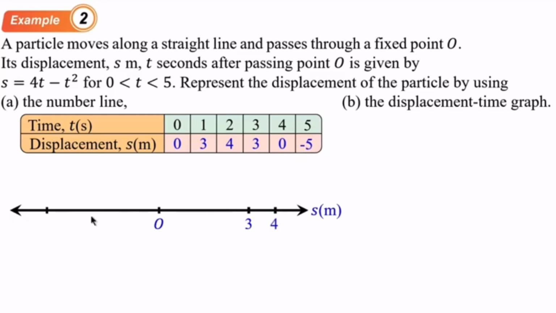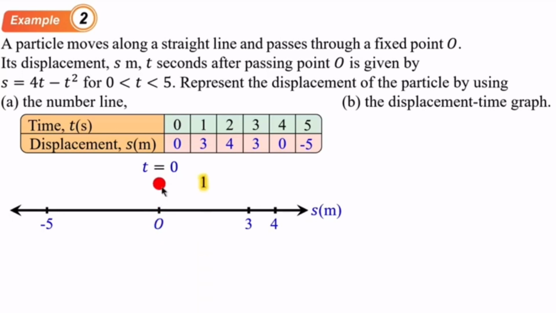At t equal to 5, the particle is at the left, right? So let's label according to the left and according to the right. At 2 seconds it is at the 4 meter. So now at t equal to 0, the particle is at the original point.